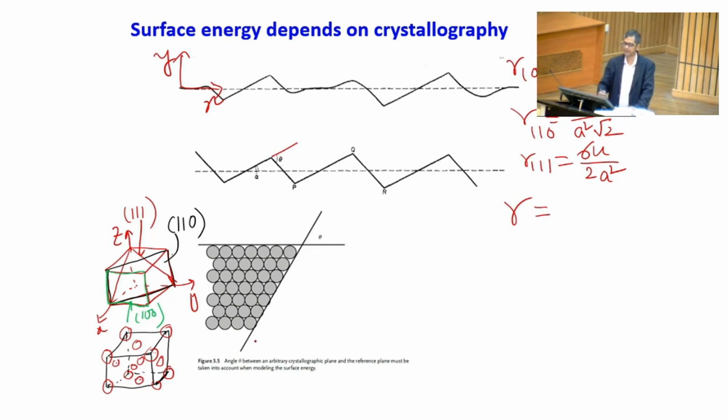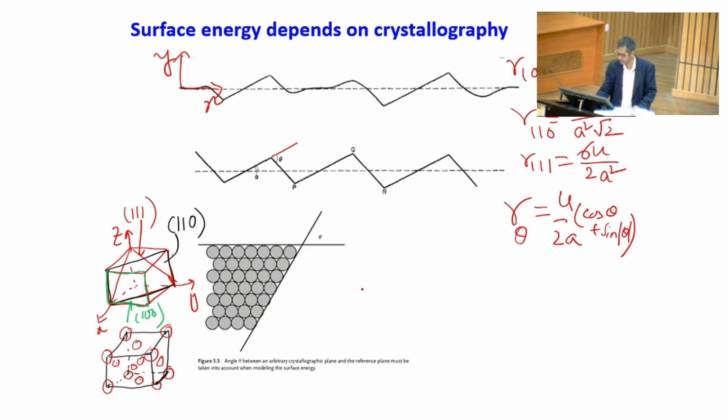If you consider such a construction, this is taken from Dieter Volat again, gamma theta will be u divided by 2a, into cos theta plus sin mod theta. Theta may be negative, because in case of sin minus plus make difference, that is why sin mod theta.